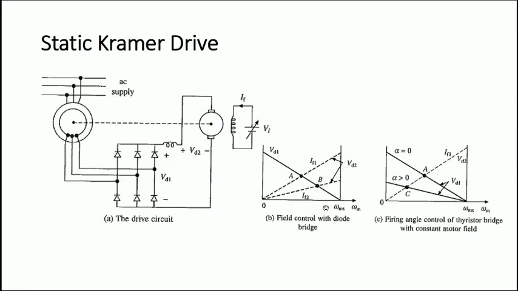This is the basics of changing field current, and we are obtaining the speed control of the induction machine using static Kramer drive. See here, these two are operating points.